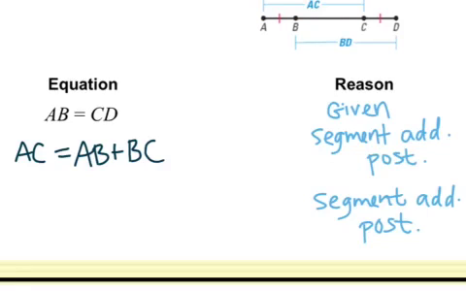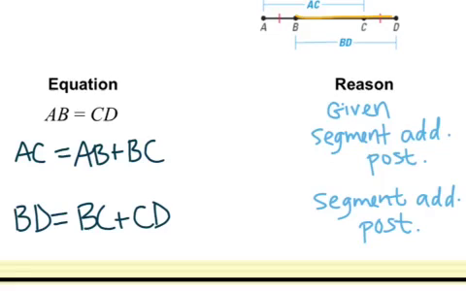So if you take a look at the original picture, that would be BD. BD is formed by adding BC plus CD. So far we've provided 3 reasons for just giving you some information that will lead us to showing that AC is actually equal to BD.